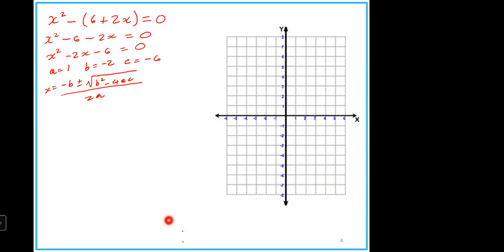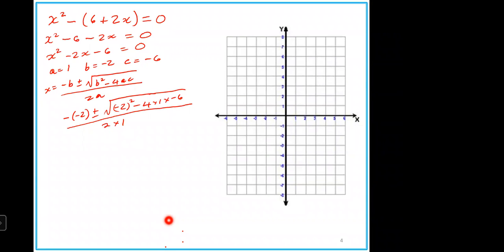So minus b is minus -2, plus or minus the square root of -2 squared minus 4 times 1 times -6, all over 2 times 1.